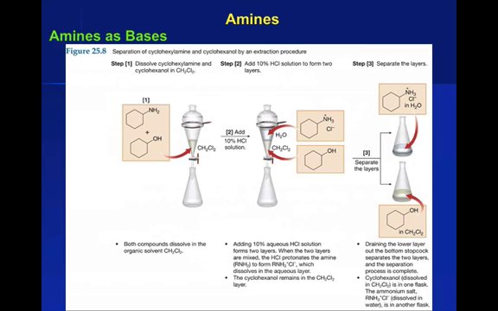I gave Gabby a mixture of the amine and the alcohol, and they both will dissolve in methylene chloride because they're both organic. What she will do then is add a dilute solution of hydrochloric acid, usually a 10% solution. If we start with, say, 10 milliliters of methylene chloride, we would add an equal volume of 10% HCl.